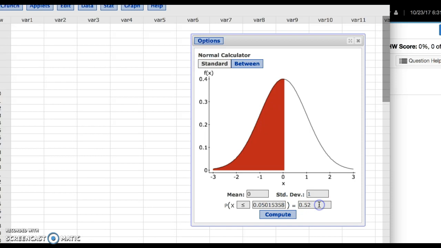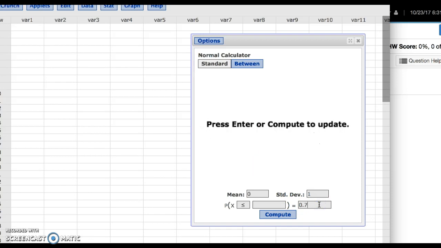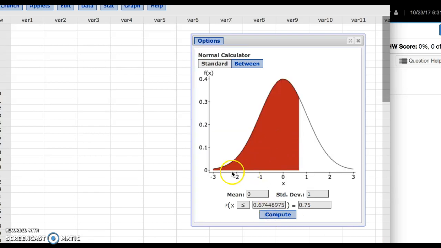Let's say we had wanted that area to have been 0.75. In other words, shading to the left approximately 75% of the area. Then we could recompute and calculate. So be really careful that you're reading these questions, that it's to the left or the right carefully. Sometimes they'll change and give you area to the right.